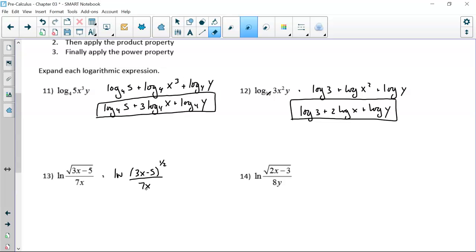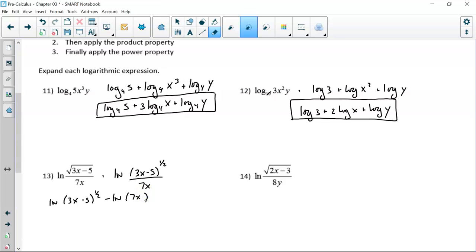So now, we take care of the quotient property first. The natural log of the numerator, 3x minus 5 to the 1/2, minus the natural log of 7x.